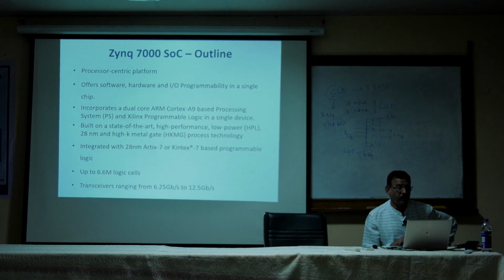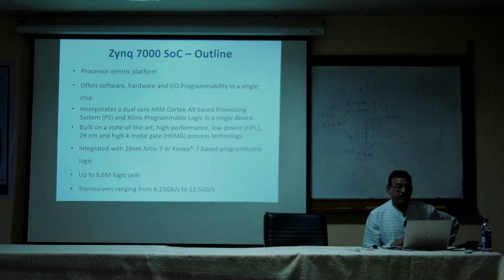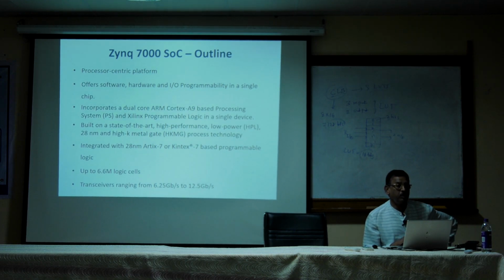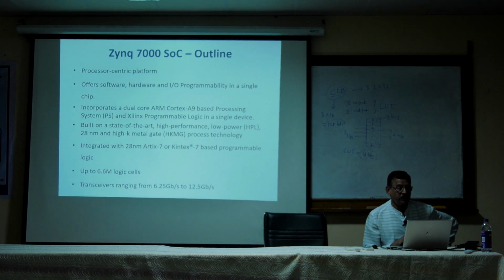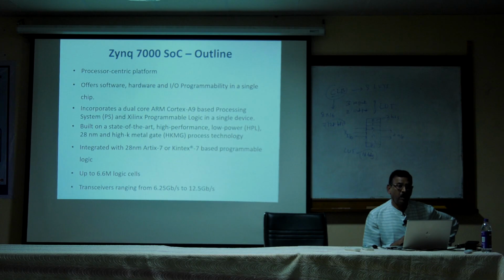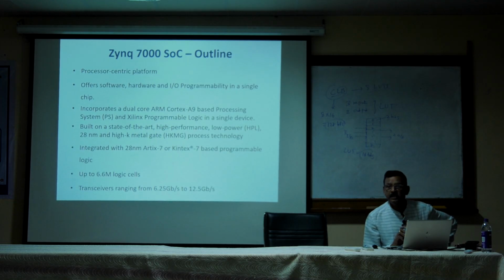It is built on a state of the art, high performance, low power 28 nanometer high-K metal gate process technology, and it is Artix or Kintex 7 based programmable FPGA fabric, 7 series FPGA fabric.